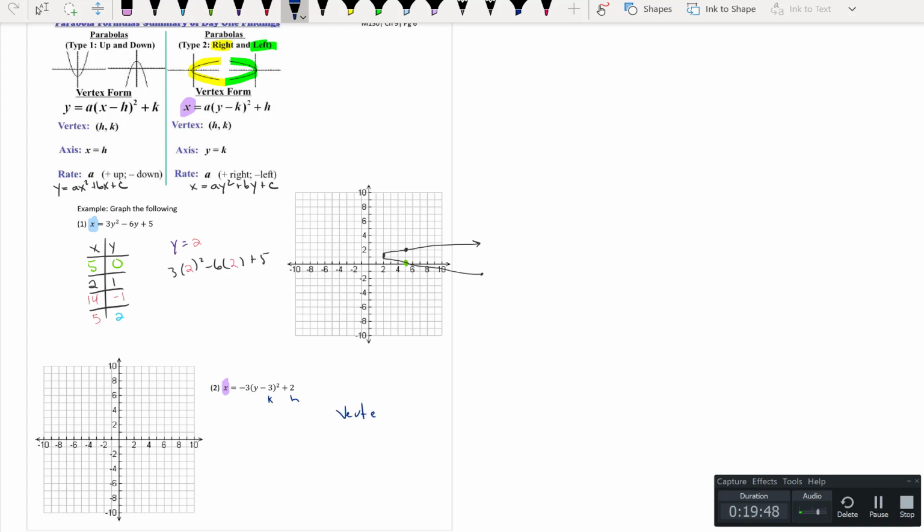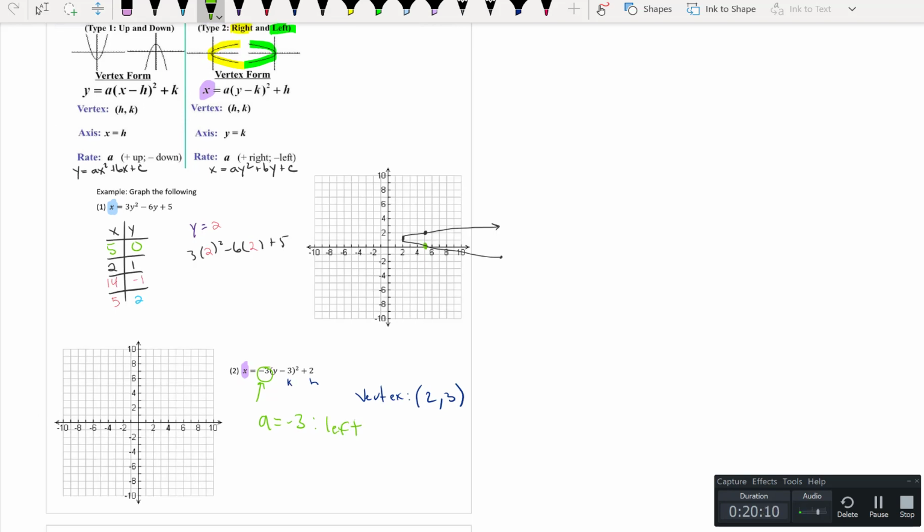So my vertex is given to me as a 2, 3. And I also know my a value. So a is equal to a negative 3. Since a is equal to a negative 3, I know it's opening up to the left.